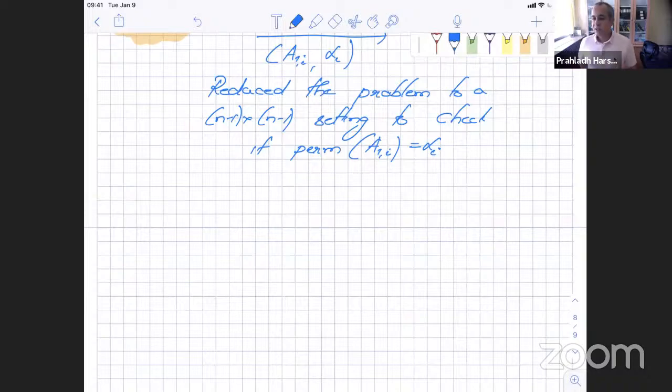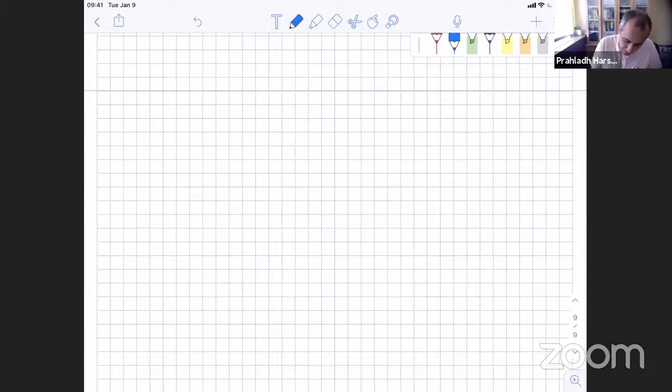The question is, is it sound? Is this a valid IP protocol?